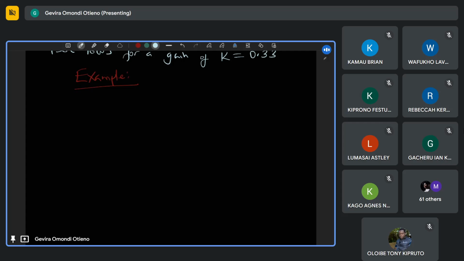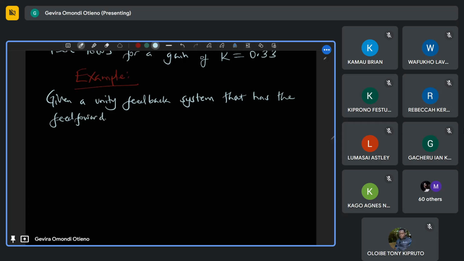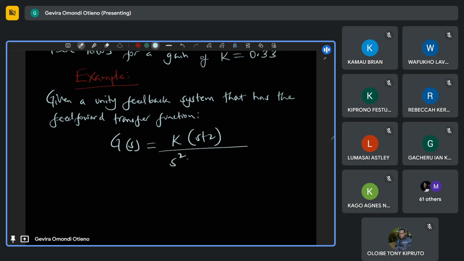So again, a typical question would be something like this. Given a unity feedback system that has a feed forward transfer function given by, let's say, G of S equals K into S plus 2 divided by S squared plus 4S plus 13.